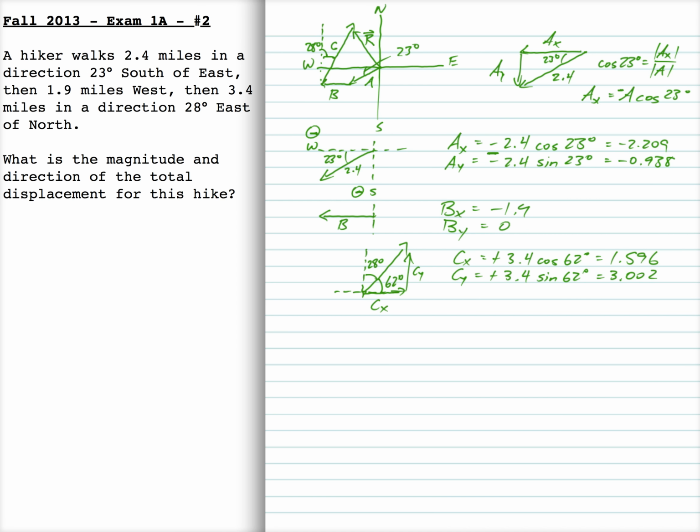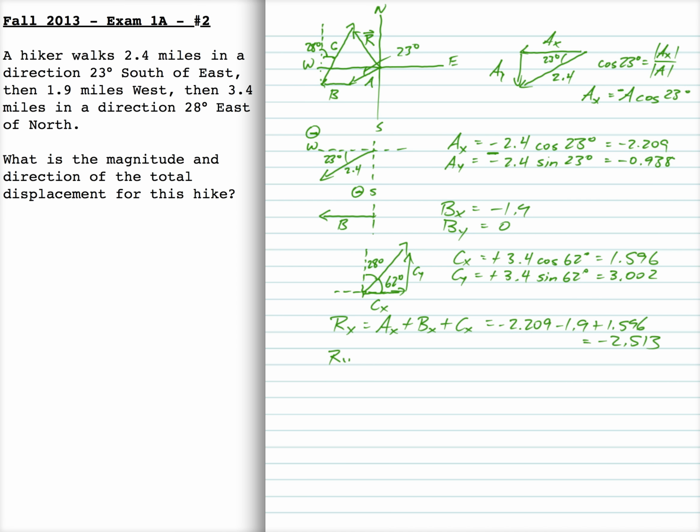To find the resultant, Rx, I'm going to add up my three x components. So that's minus 2.209, minus 1.9, plus 1.596, which is minus 2.513.